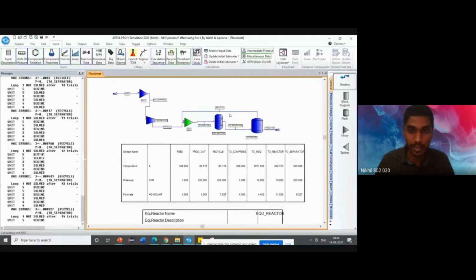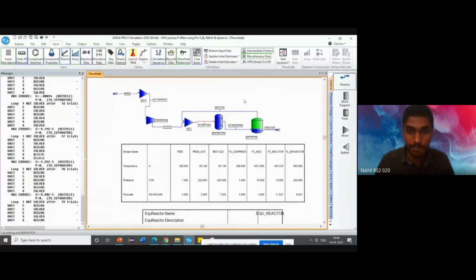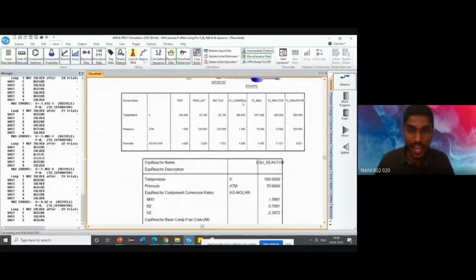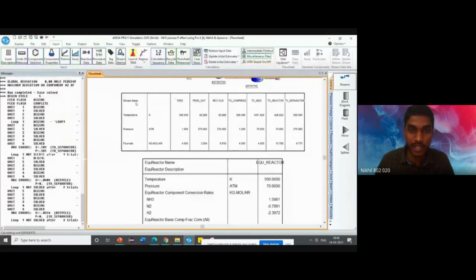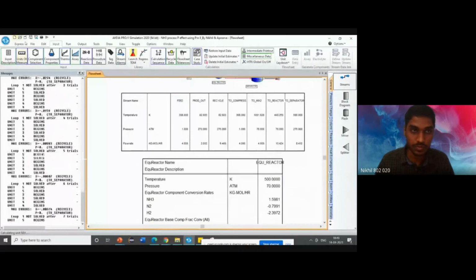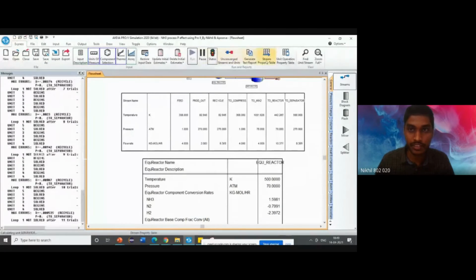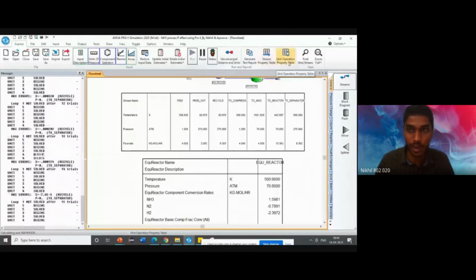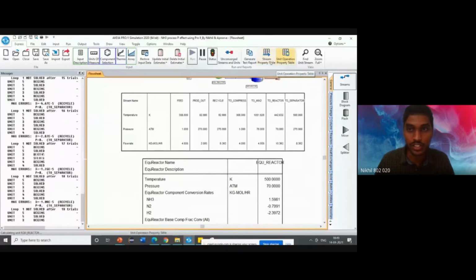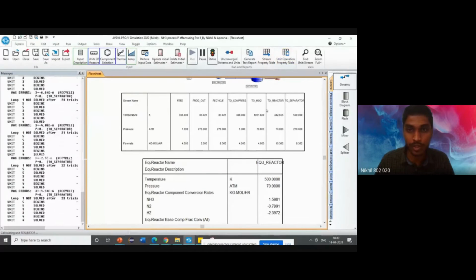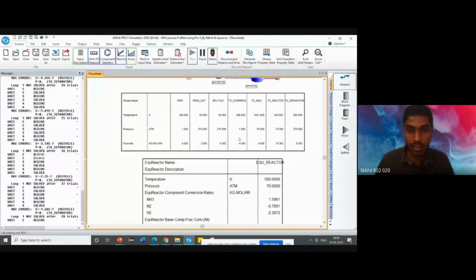It takes some time to run. We'll be using these two things: a stream property table and a unit operation property table. By using these, we'll be able to obtain the results on the screen.